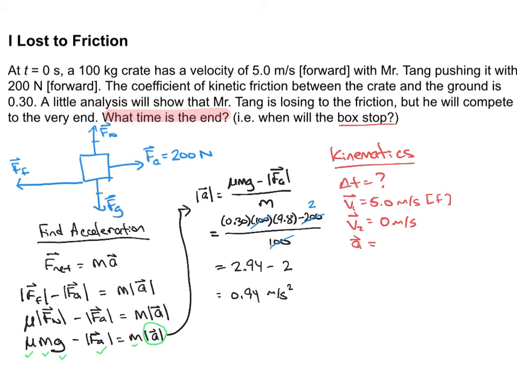Just based on the diagram, I know the direction is to the left. And this number is what I'm going to fill in my kinematics list here. It's going to be negative 0.94 meters per second squared forward. So my acceleration is backwards, so I make it negative forwards, so that I can match it with the forwards direction that I wrote for V1.